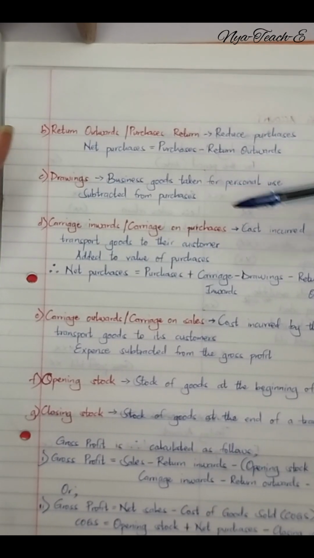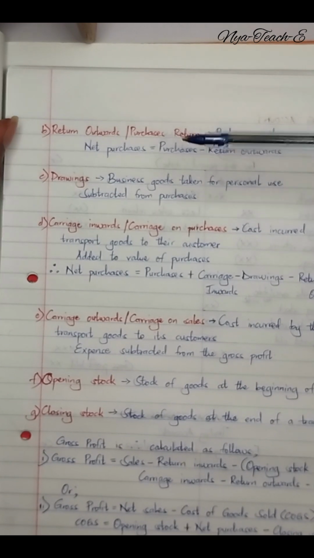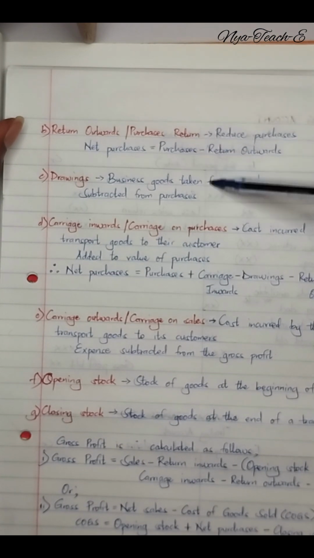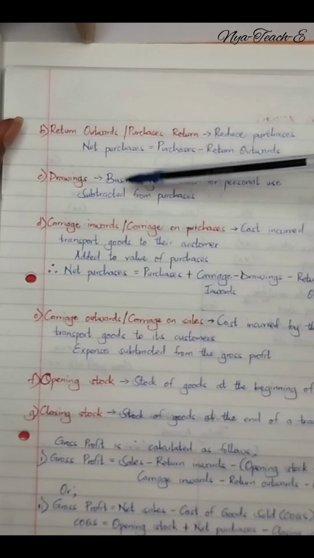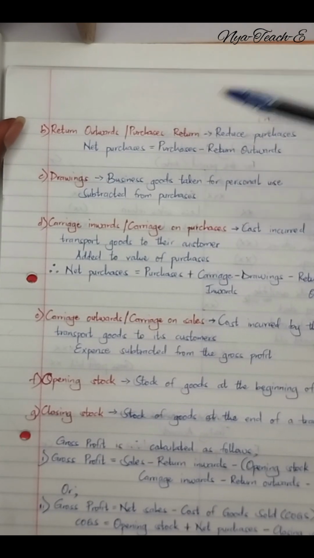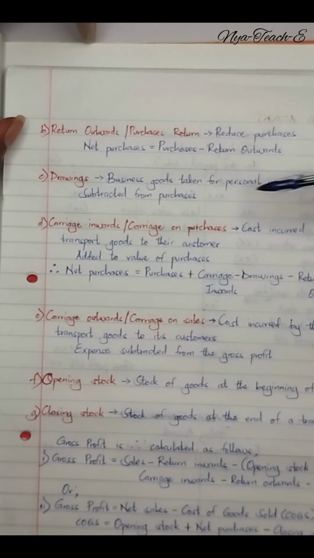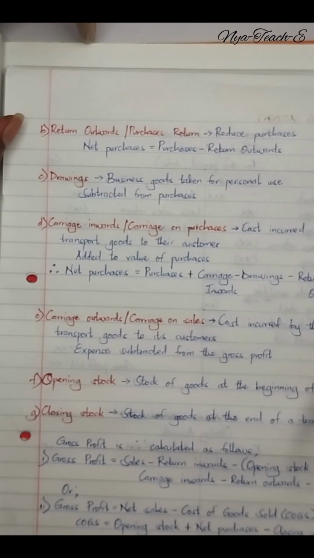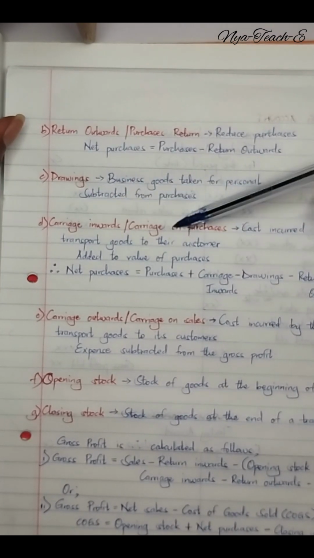Drawings. When a business owner or business owners decide to take goods from the business for personal use, we say those are called drawings. We subtract them from purchases. Carriage inwards, also called carriage on purchases. This is a cost incurred by a supplier to transport goods to their customer. For example, when you buy gas from a gas supplier and they decide to bring you the cylinder to your house, we call that carriage inwards.